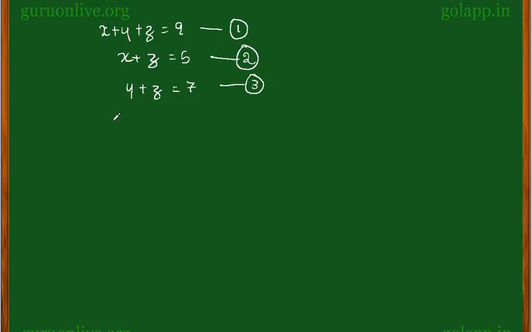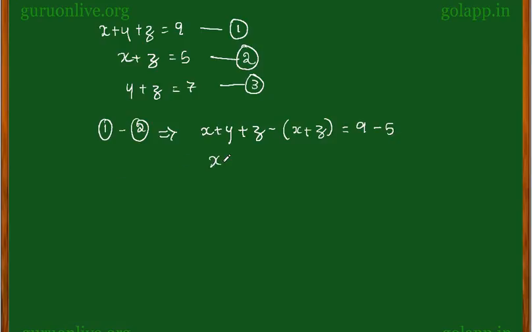Subtracting equation 2 from 1, that is 1 minus 2 implies x plus y plus z minus of x plus z is the left hand side, and on the right hand side I have 9 minus 5.